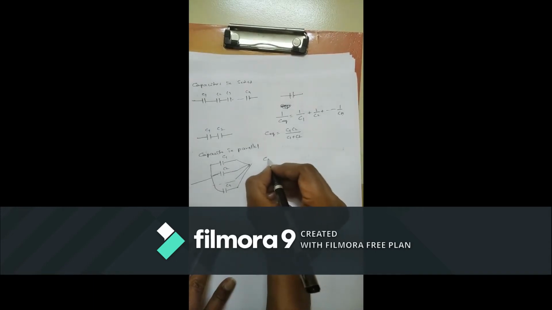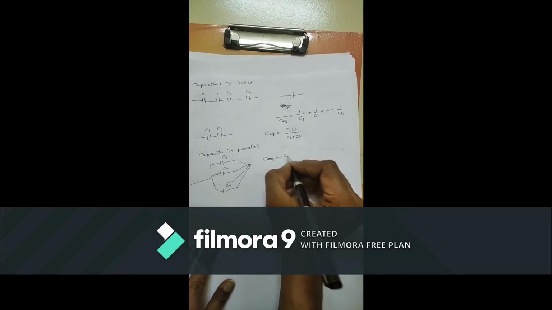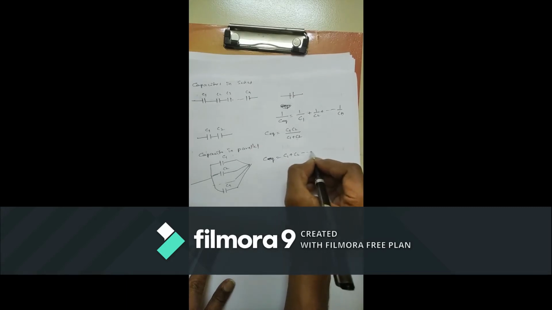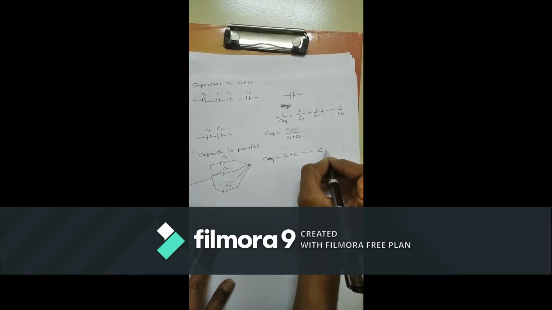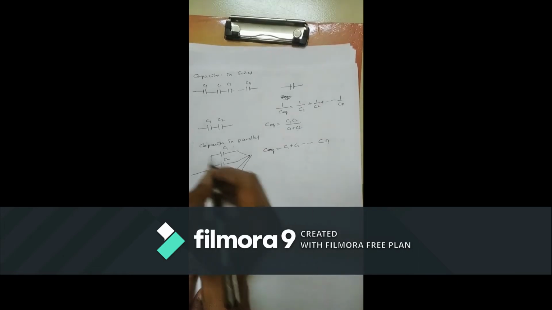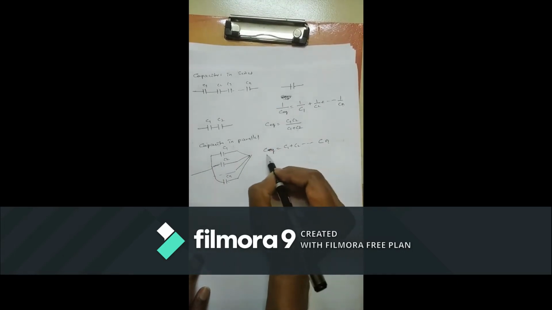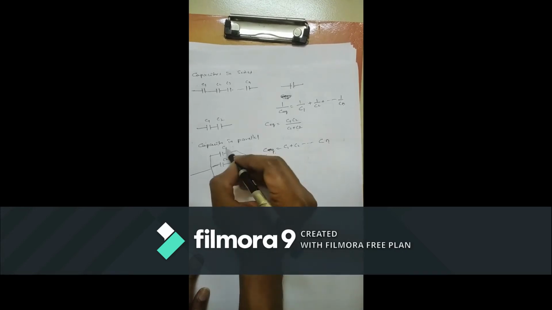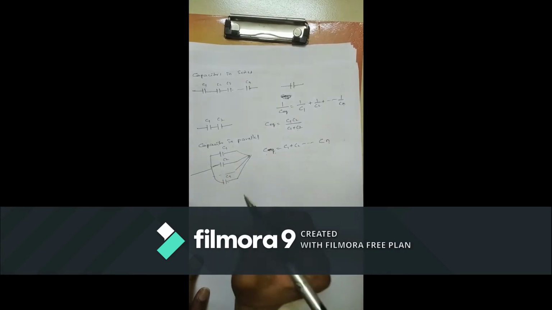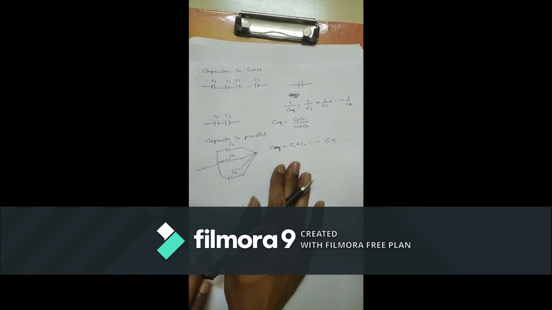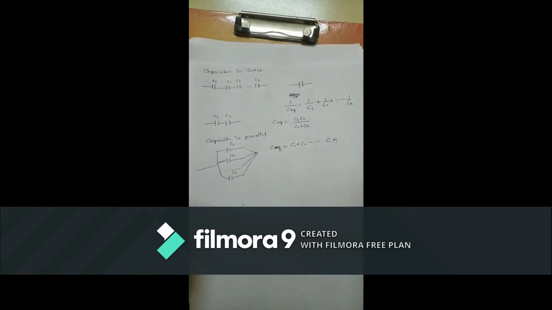In this case, the equivalent capacitance is the sum of all the individual capacitances, C1 plus C2 up to Cn. Or I can say, if the capacitors are connected in parallel, equivalent capacitance is calculated simply by adding these individual capacitance values. So this is all about series and parallel combination of passive elements.